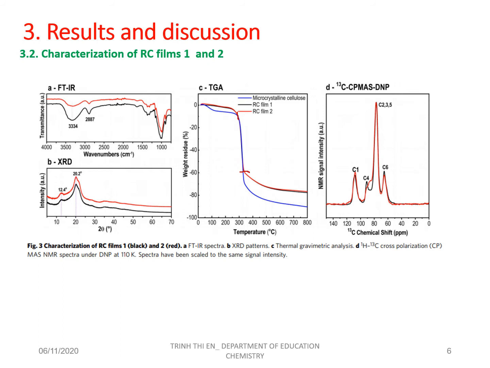RC film 1 and RC film 2 have a C4 peak that goes up. It means film 1 and film 2 have more free carbon 4, and that means the surface area is increased.